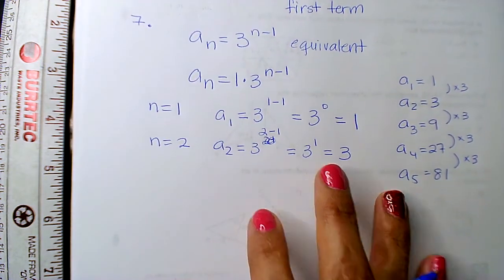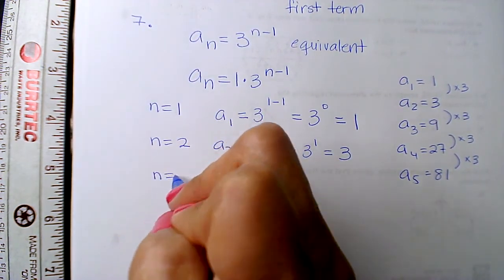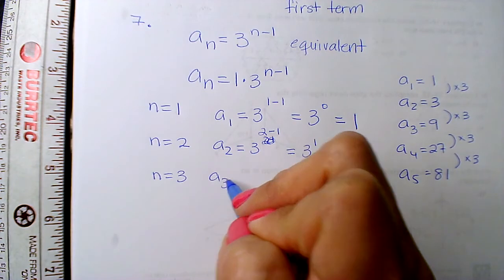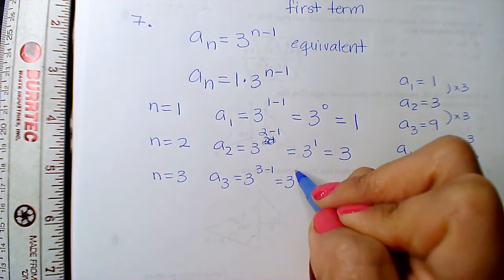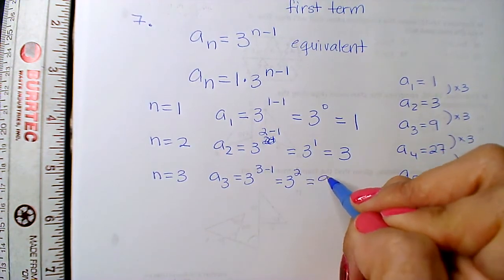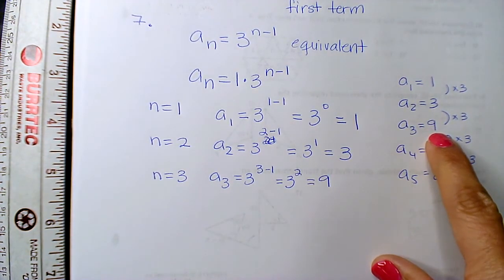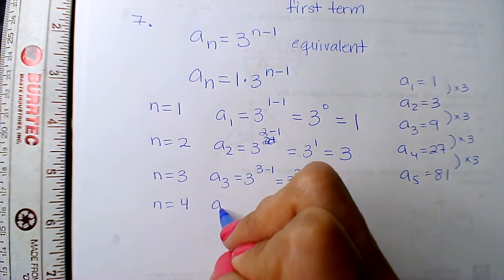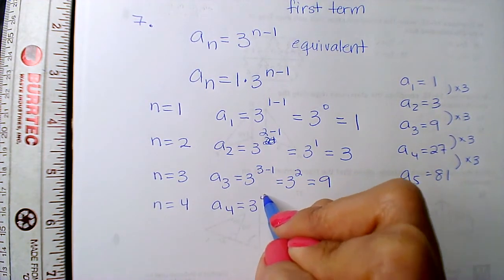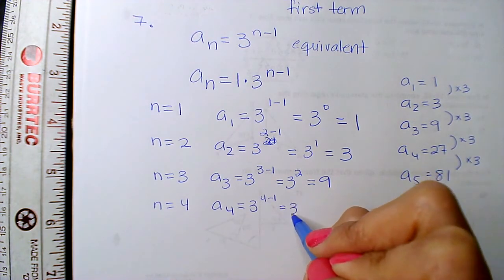All right, so once you get your first term, you can find your first 5 terms, but let's keep substituting. So if n is 3, I want the third term. What's 3 minus 1? What's 3 squared? 9, right? So there's my 9. Put in the fourth term. What's 4 minus 1?